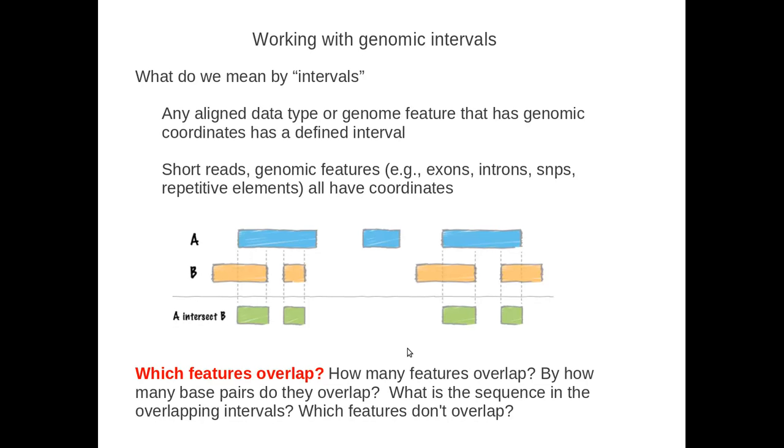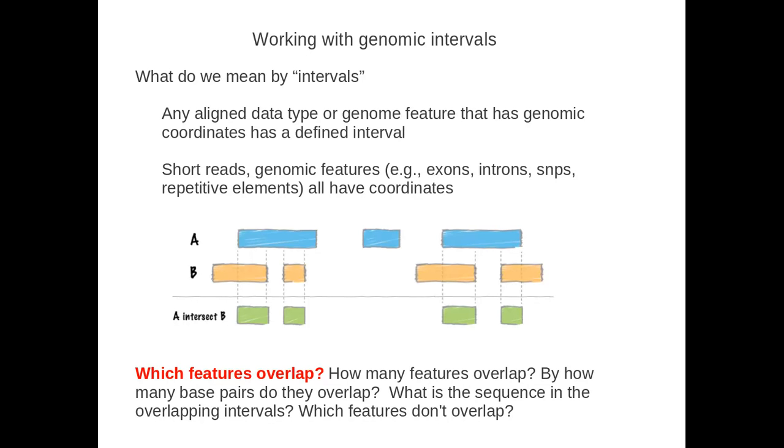So what do we mean by intervals? Again, any aligned data type or genome feature that has genomic coordinates we call an interval. So short reads from our Illumina data or our SOLiD or our 454 data can be thought of as intervals simply because they can be mapped and therefore have 5' and 3' coordinates.